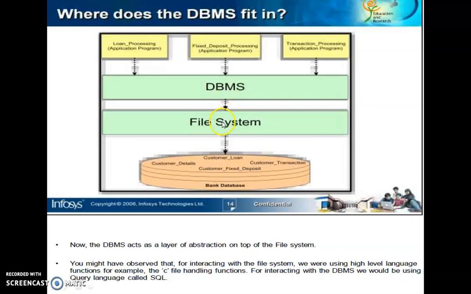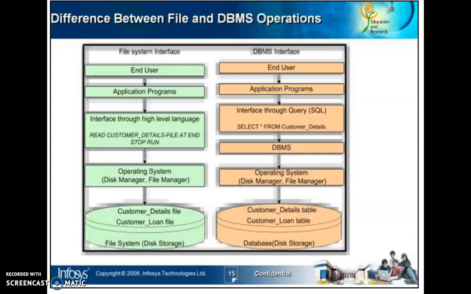You might have observed that for interacting with the file system, we are using high-level language functions, for example, C file handling functions, and for interacting with the DBMS, we would be using the query language called structured query language, that is SQL. Okay, so let's see the difference between the file operations and the database management system operations.